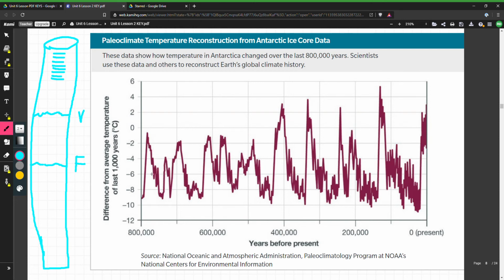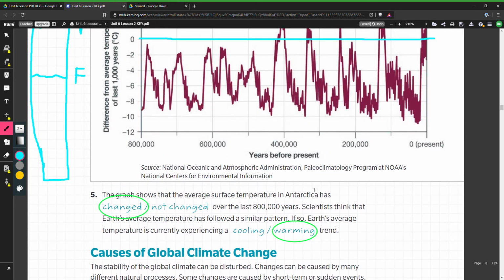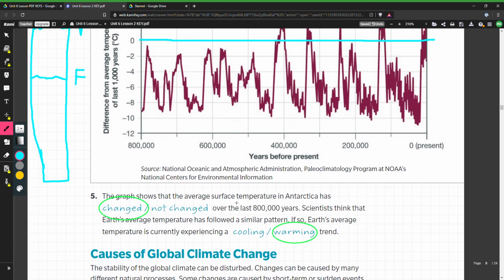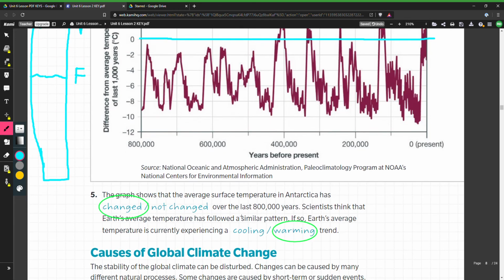Okay, and you can see how down here is 0. So this is 0 degrees temperature difference, and you can see how a lot of times it's a little bit less. There are years where it gets warmer. So this graph has shown that the average surface temperature in Antarctica has changed.